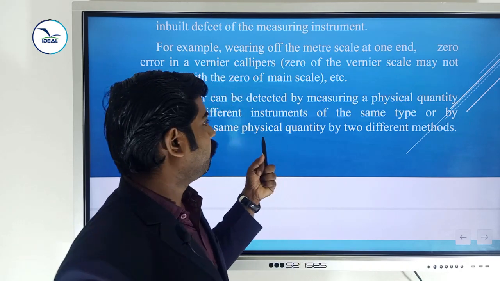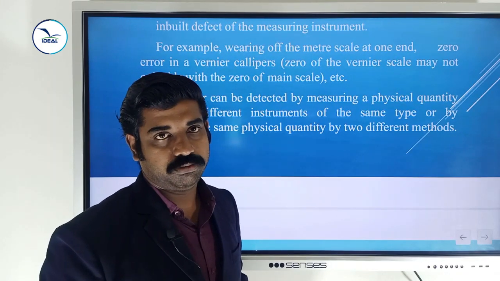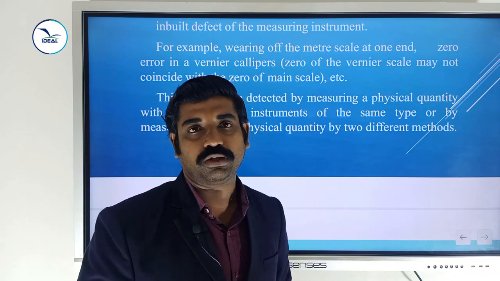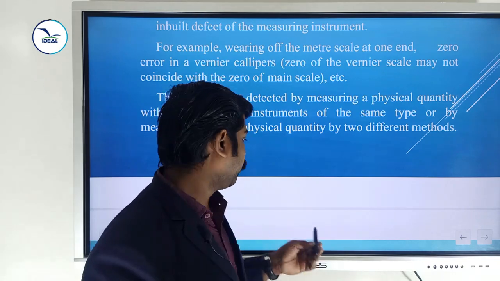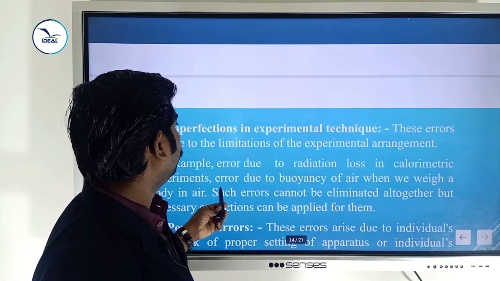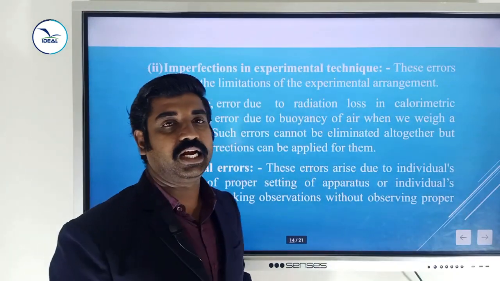So it can be detected by using two or three measuring instruments or measuring methods. Clear. Then next one, imperfection in experimental technique.